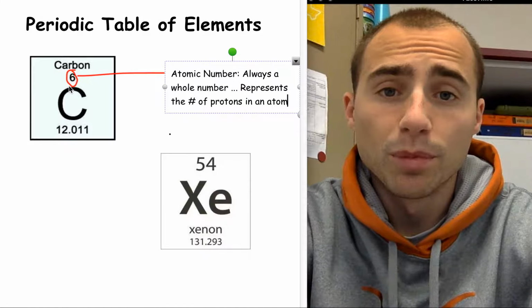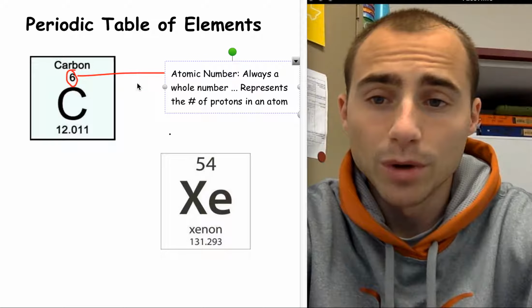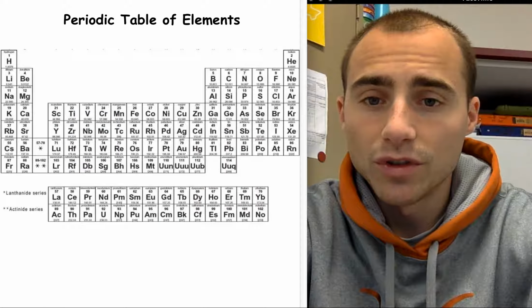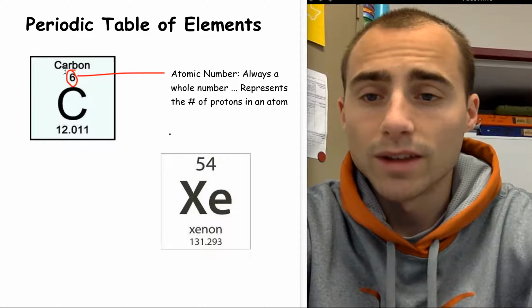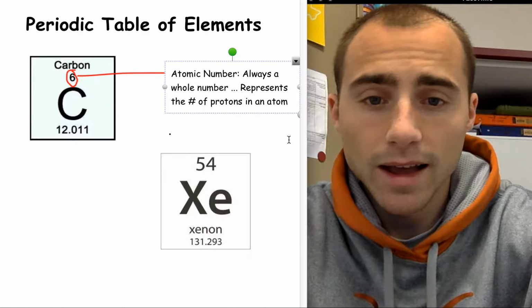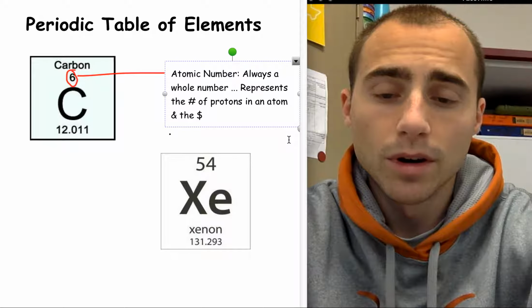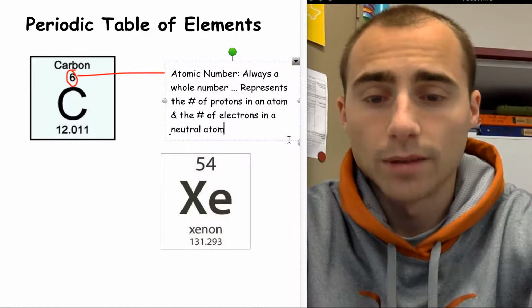If the number of protons changes, then the element changes, because if we go to 7 protons, that means the atomic number will change. So if we went to 7 protons, it would change from carbon to nitrogen. So that's the atomic number. It represents the number of protons in an atom, and the number of electrons in a neutral atom.